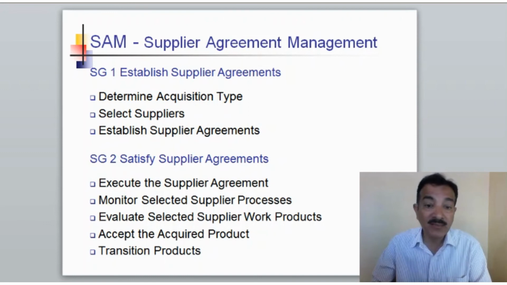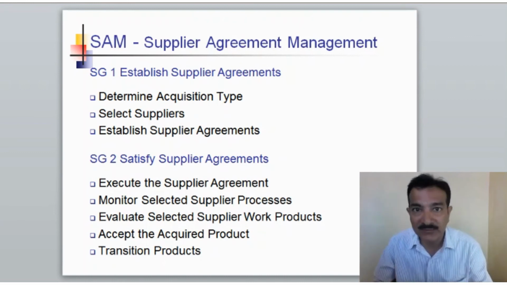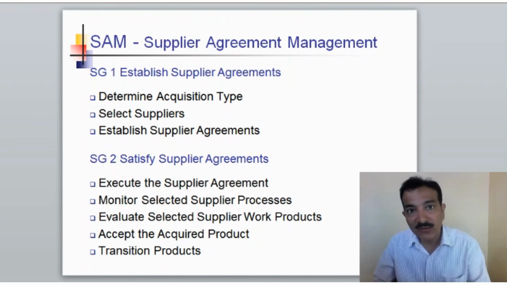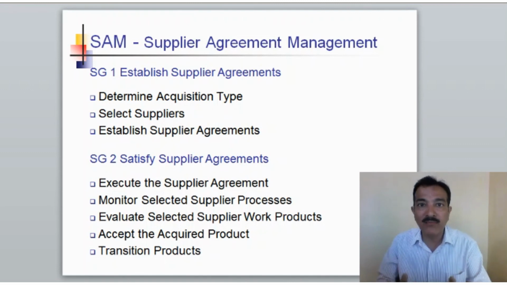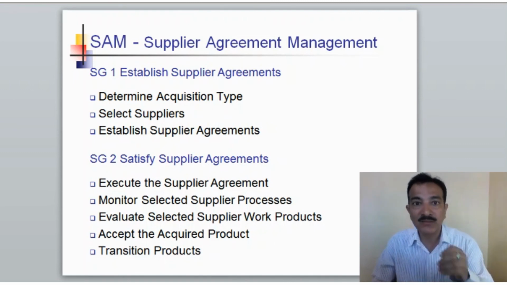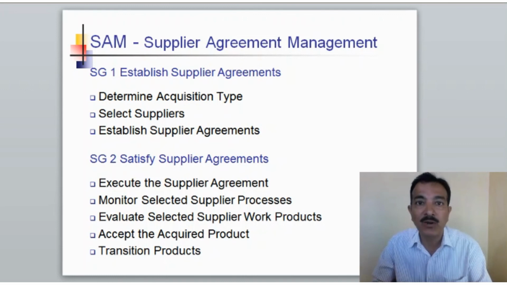Accept the acquired product. Then you would also need to have an in-house process to check how you will accept the particular product from the vendor. So once the vendor has supplied the product, you will have to have an internal in-house evaluation criteria to check how you are going to test the particular product which the supplier has supplied.